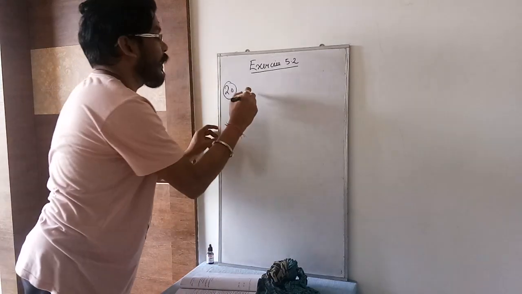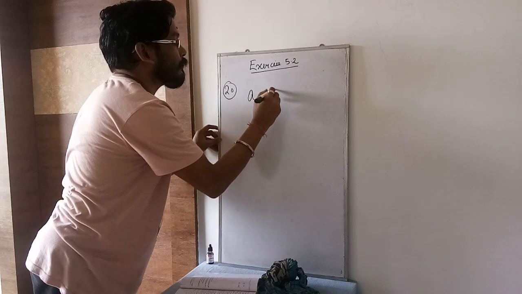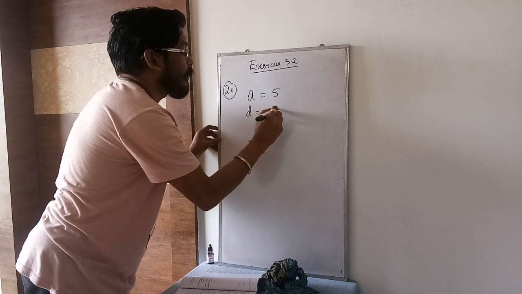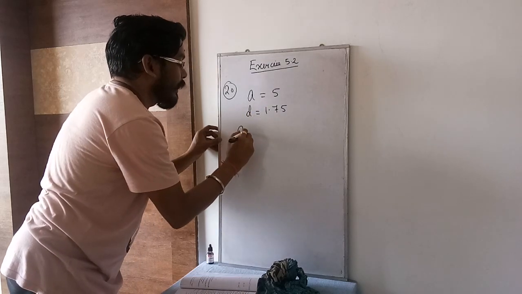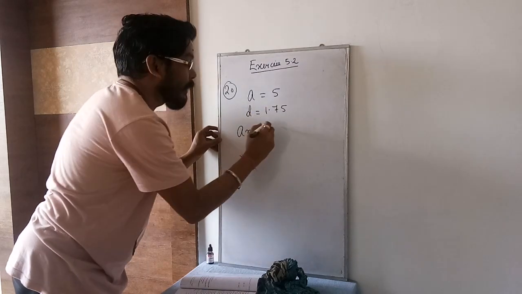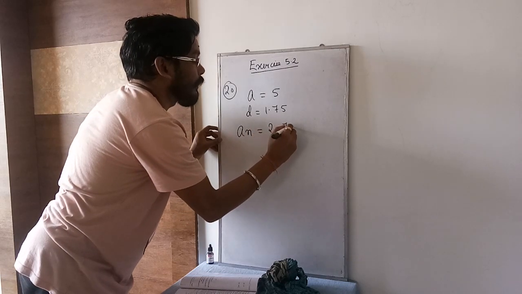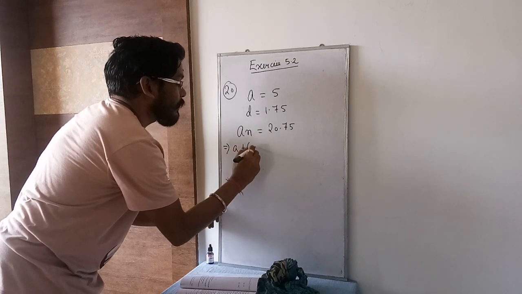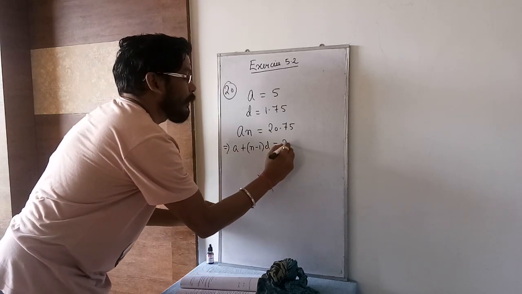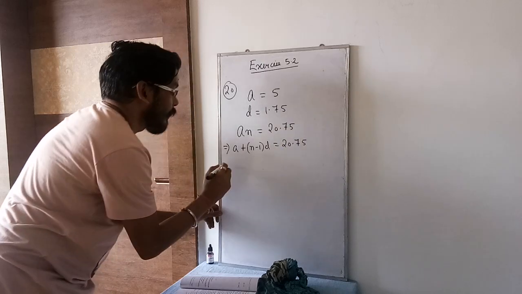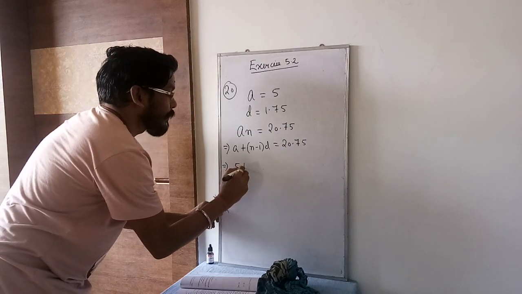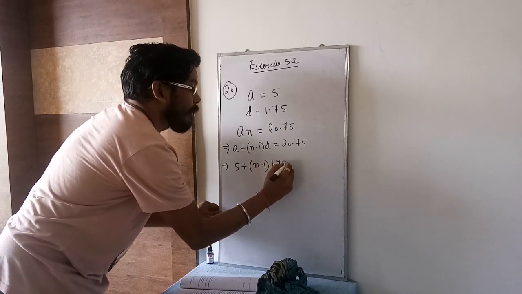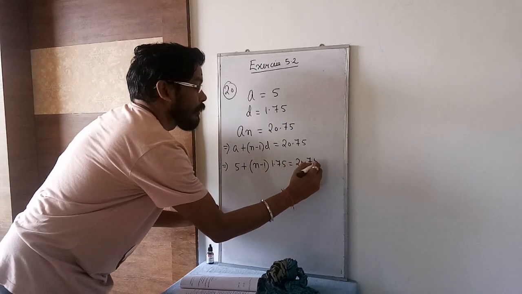So your A is 5, D is 1.75 and AN is 20.75. Nth week means AN. So same as before, A plus N minus 1 into D equals 20.75. Put the value of A as 5, N is not known, D is 1.75.